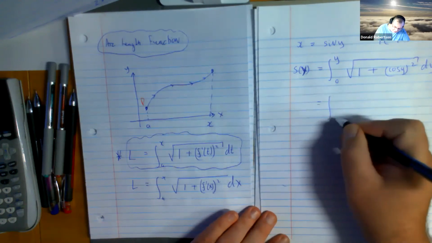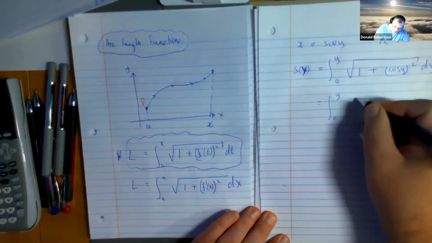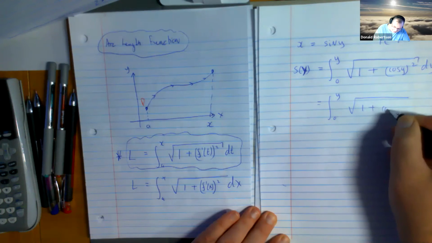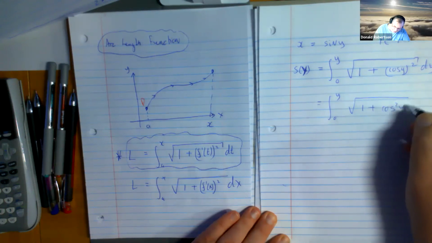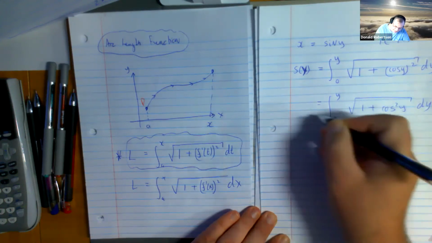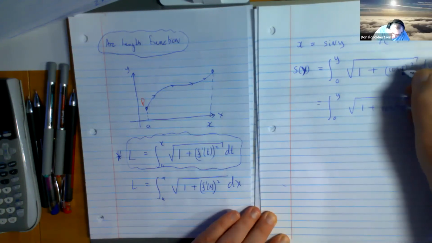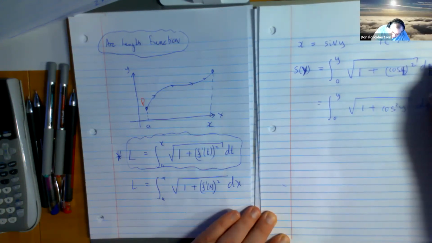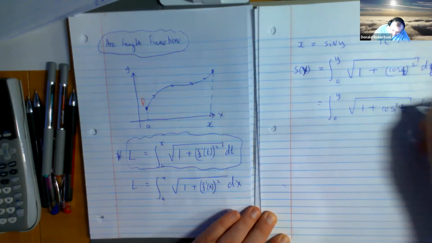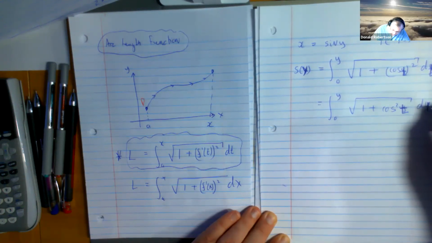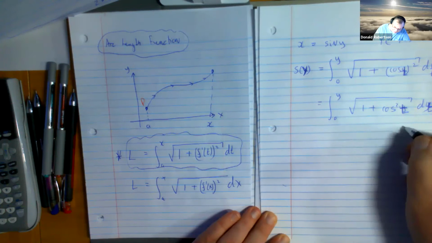In this case, it's the integral from 0 to y of the square root of 1 plus cos squared y dy. Is it not t? Oh, darn it. That proves that you lot are paying attention, which is good. So it ends up being that.